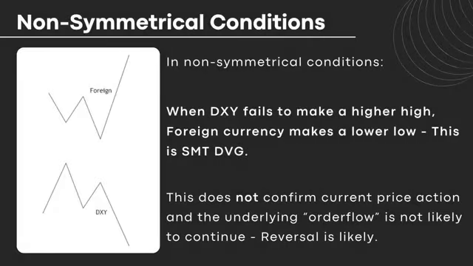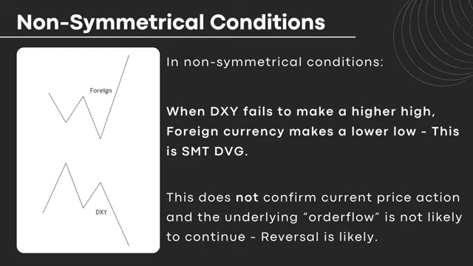So another scenario for a non-symmetrical market condition would be the following: when DXY fails to make a higher high, a foreign currency makes a lower low. This again suggests SMT divergence because there is a clear discrepancy in the symmetry of the price action between these two correlated assets or markets or instruments, right?